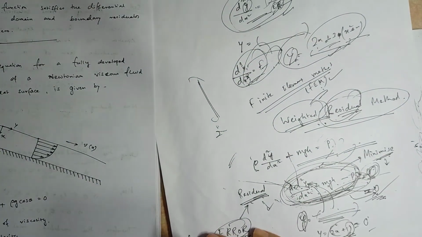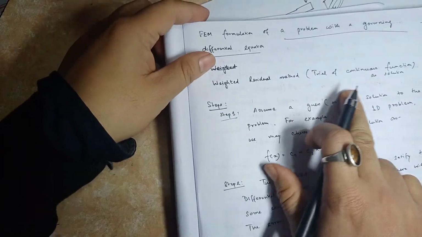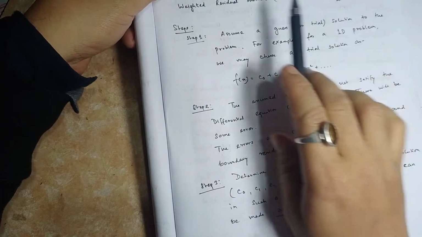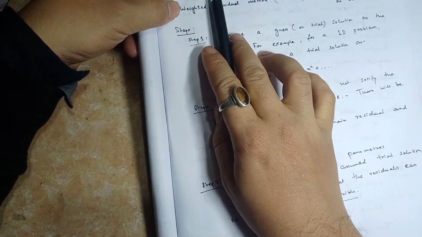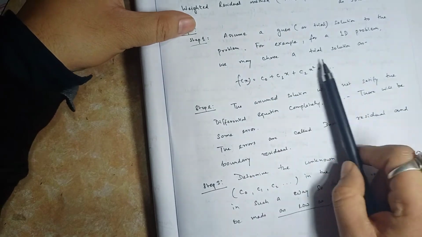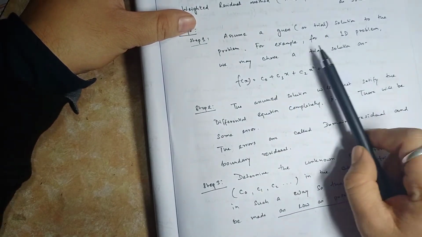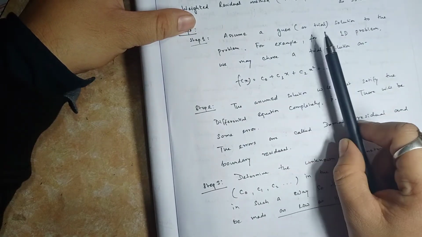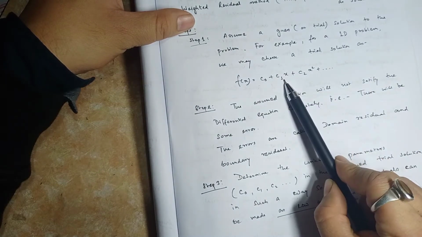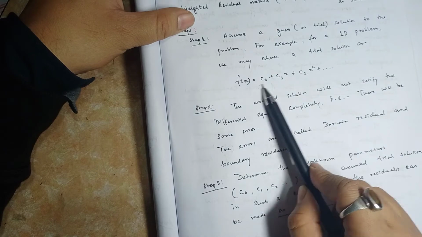Okay, now let's look at the process to find a formulation of FEM for a differential equation. So the first step is you have to guess a trial solution. Let's say for a 1D problem, where we have only one variable, in this case x, we may choose any trial function.